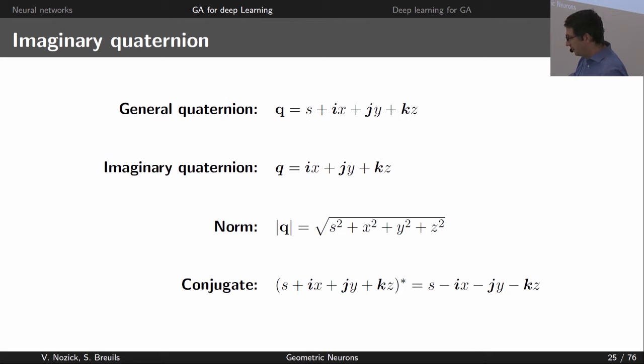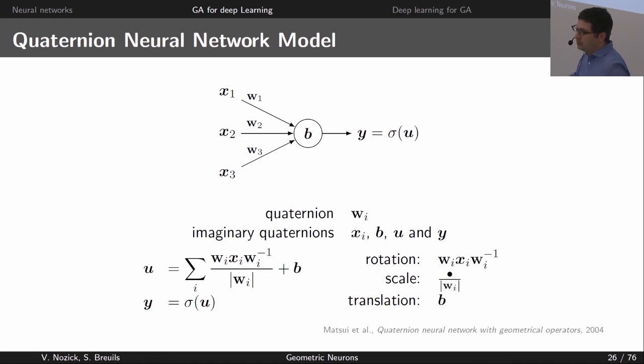Okay, so two kinds of quaternions, imaginary and general. What can we do for deep learning? So right before we said that an input could be a complex number, but actually it could also be a quaternion, maybe an imaginary one, meaning that each input has 3 entries, not 2, 3.